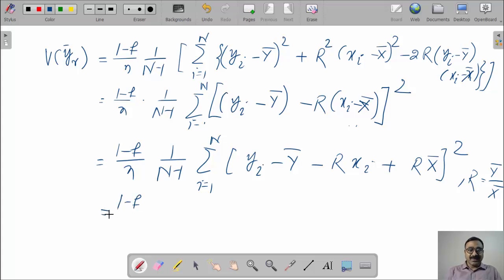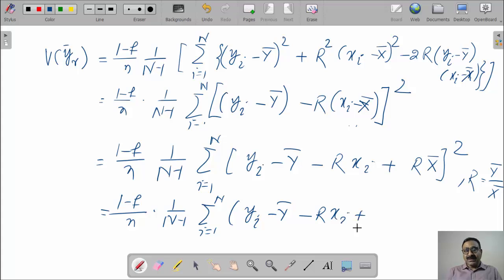That means this will be (1 minus f) by n, 1 by (n minus 1) summation i equal to 1 to n (yi minus R xi plus (y bar by x bar) into x bar) whole square. So x bar cancels out, and again y bar cancels out.